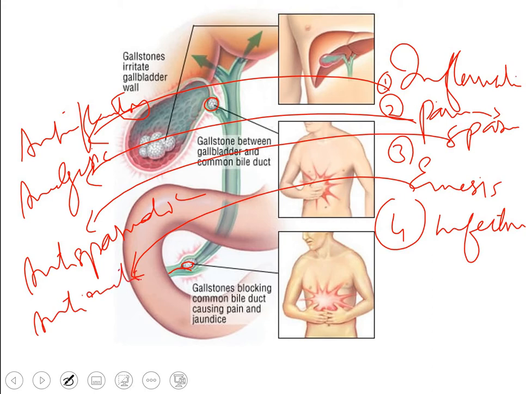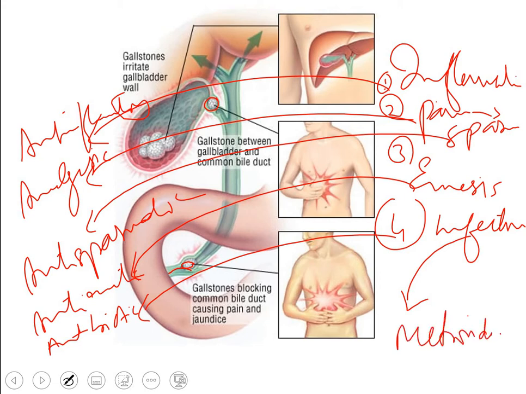And if acute infection is there, you will give antibiotics like ciprofloxacin or a third generation cephalosporin, and you will give metronidazole as well, to cover the anaerobes.